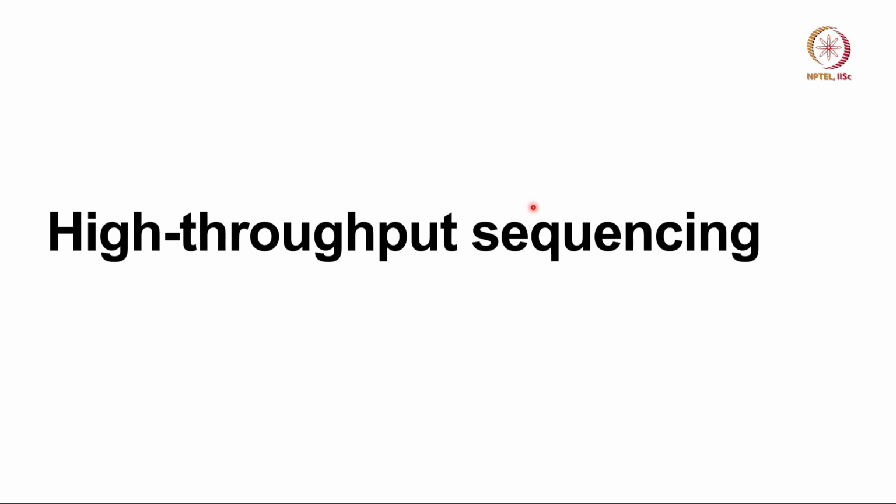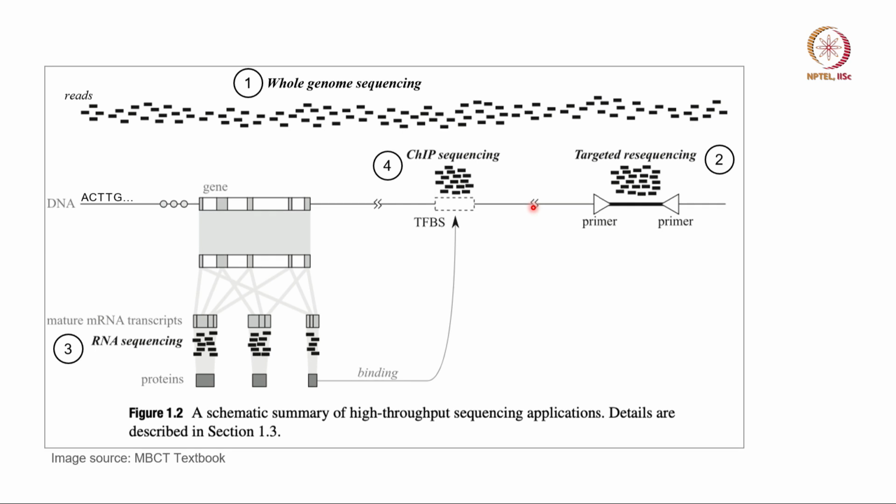Now, the goal of high throughput sequencing technologies is to study DNA and RNA molecules. The picture that I showed you for the central dogma of DNA converting into RNA and RNA converting into proteins, the high throughput sequencing technologies enable us to get a view of that process. For example, if I want to know the DNA sequence, I can use the whole genome sequencing technology, which will go and read the DNA sequence in the cell.